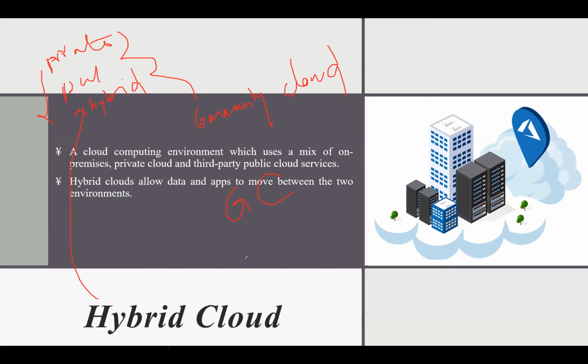Most government-related data will be kept in the government cloud. That is also private, but with private security. It will never go out of your country, sir. It will be within your country.